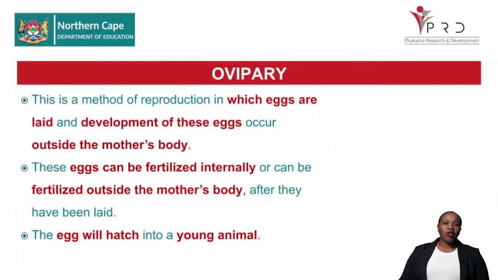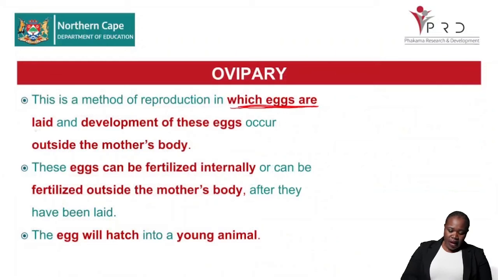Now let's move on to ovipary. Right, now this method of reproduction is a method in which the eggs are laid and development of these eggs occurs outside of the mother's body. Again, ovipary, outside.